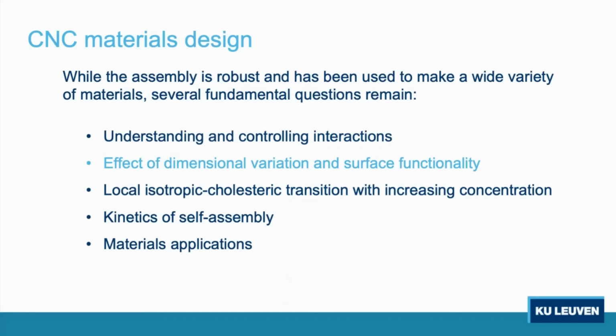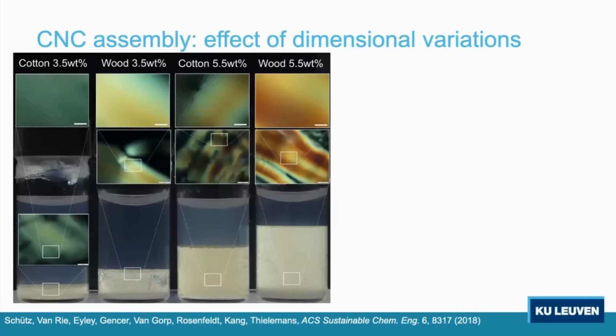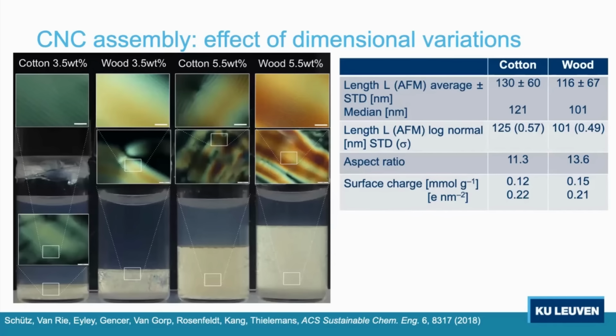Then if you look at dimensional variations, we made two batches of CNCs from different sources. We tried to get dimensions roughly the same. But what you see is if you take them from cotton or from wood at 3.5 weight%, 5.5 weight%, you see that the amount of the chiral nematic phase in both is very, very different for these relatively small differences.